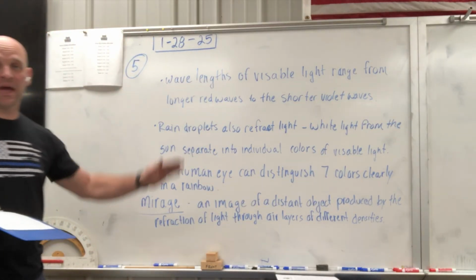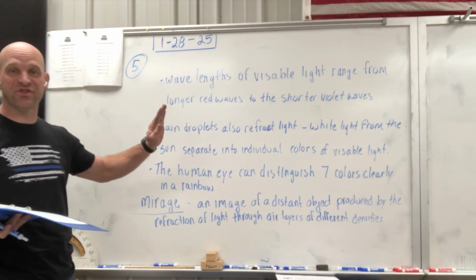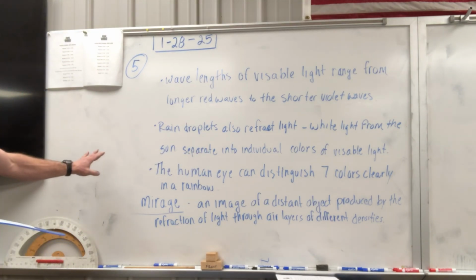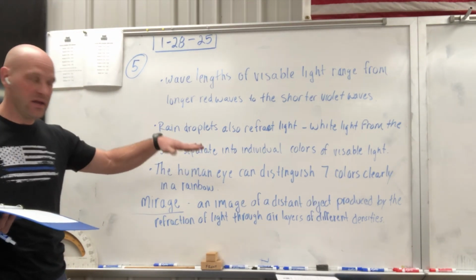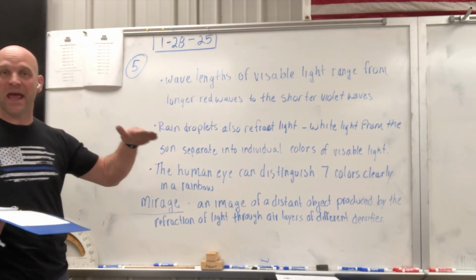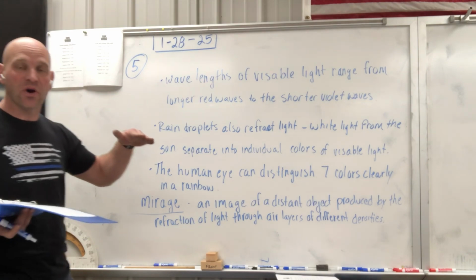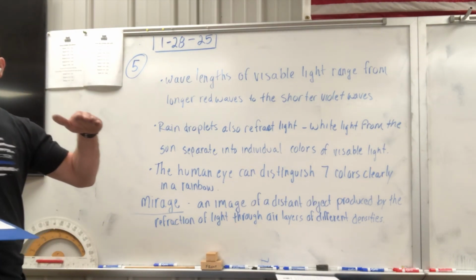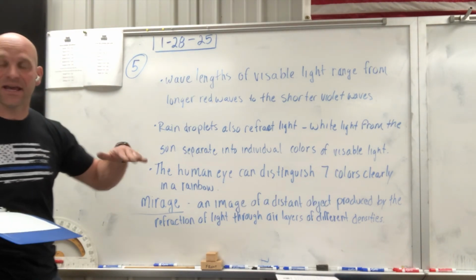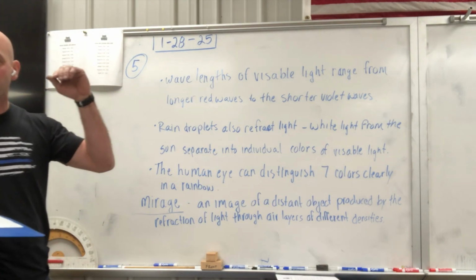So a mirage is how a distant object is distorted because the refraction of light is changed through the many air layers, the different densities of air. So as air is warmer, it is less dense. As it becomes cooler, it is more dense.